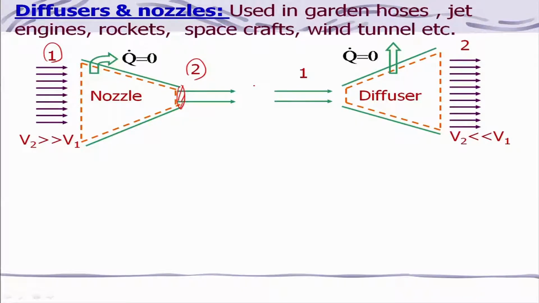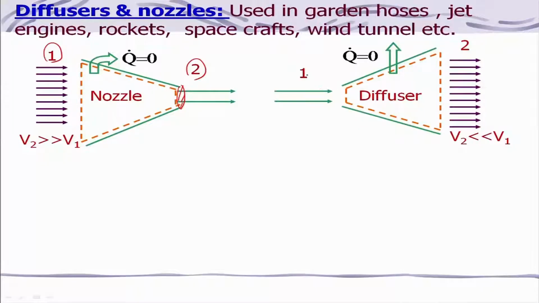Why is it so? Because we know from the continuity equation, yes or no? Okay, we will discuss that. And similarly, for the diffuser, the fluid will be entering the diffuser at a very high velocity, and then the velocity will decrease because the cross sectional area has increased here.